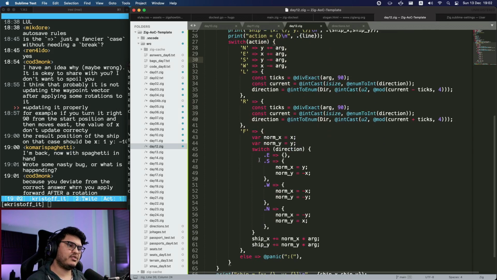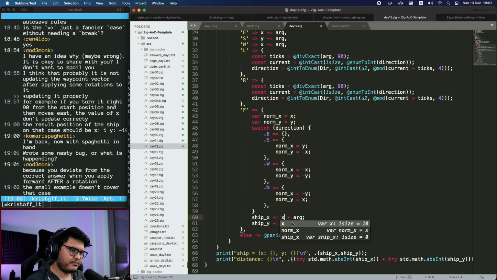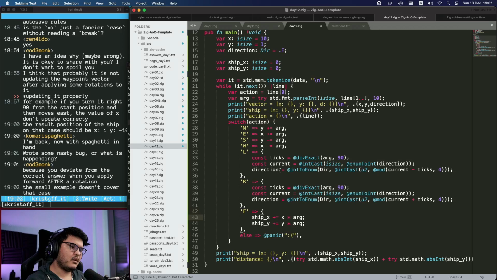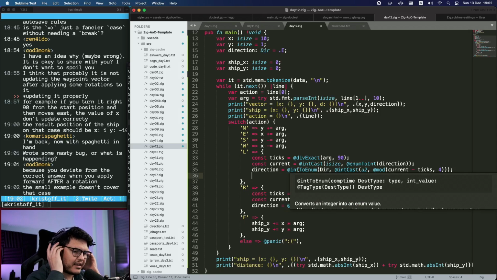Okay, so you know what the solution is then. This idea of normalizing x and y is garbage. We should have never done it. What we need to do is apply the transformations here. Every time we do left and right, we apply the math transformations, which I deleted, but I'm sure I'm going to get them right first try here.